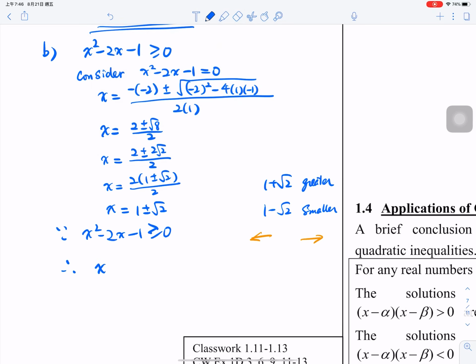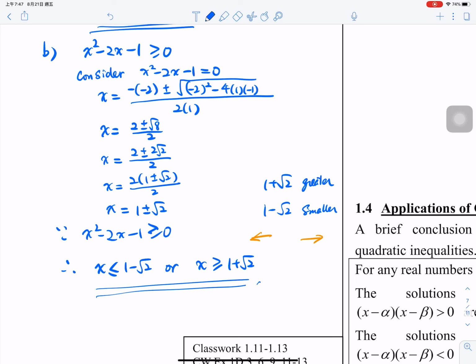So x smaller than or equals to 1 minus root 2, or x greater than or equals to 1 plus root 2. For the inequality greater than or equals to 0, that means x smaller than the smaller one, or x greater than the greater value. So this is the solution. Clear?